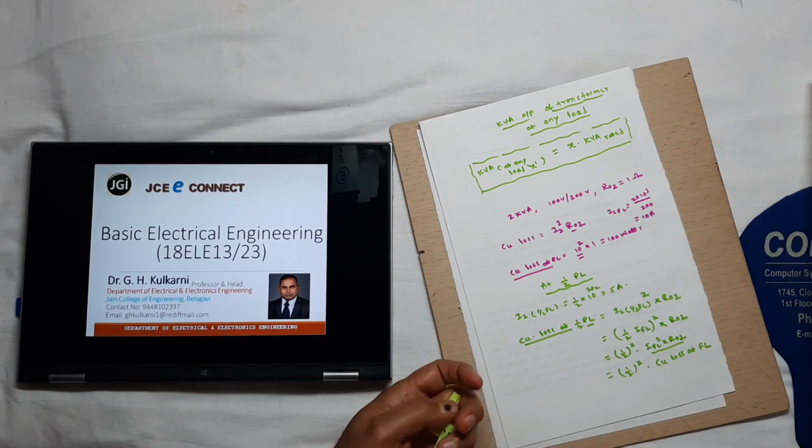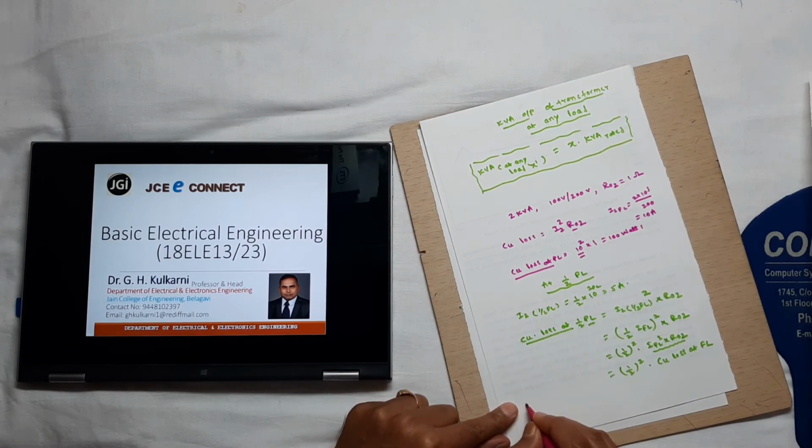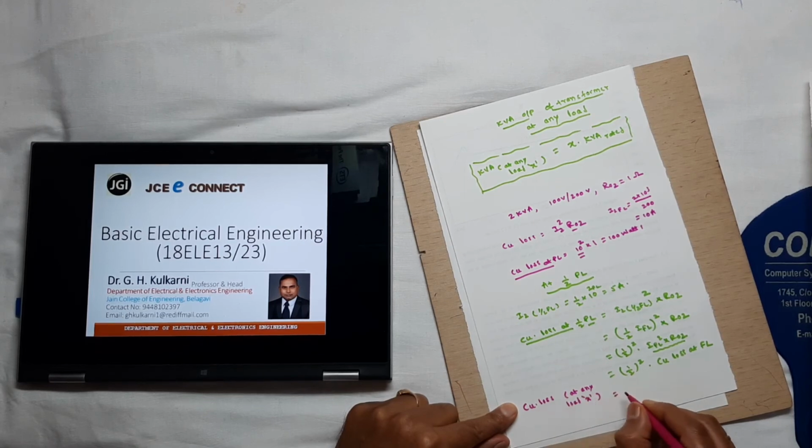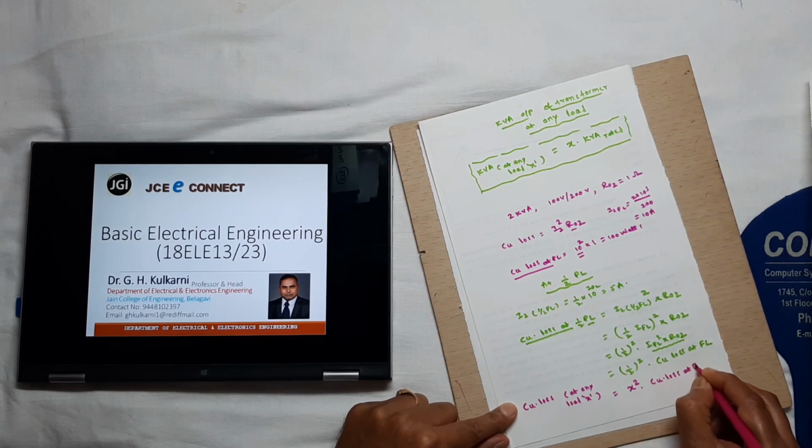We can write the general equation for the copper loss at any load X. If it is half, it is half square; if it is 3/4, it is 3/4 square; if it is full load, it is 1. Like that, it is X square times the copper loss at full load.